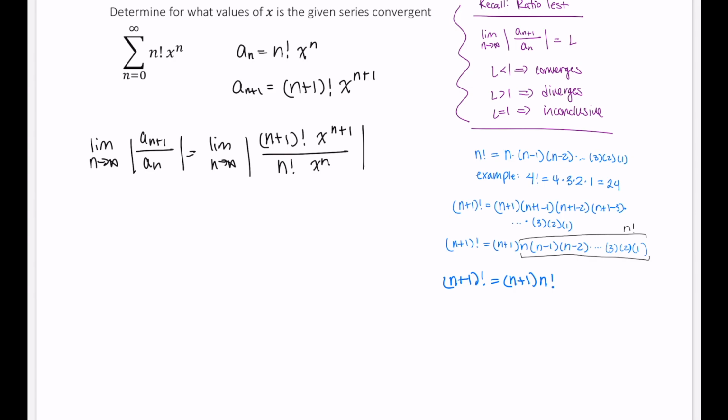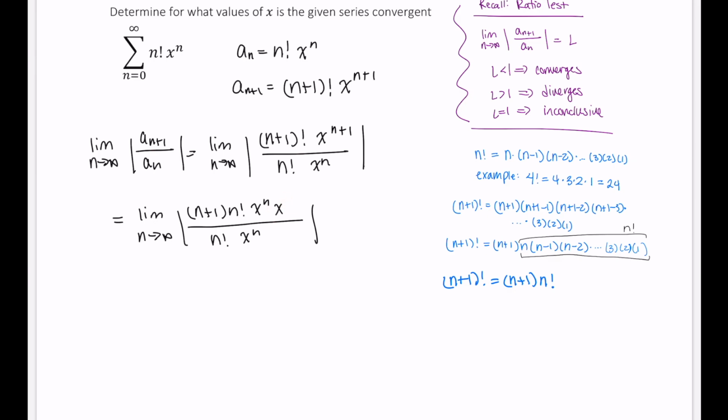Okay, so let's use that up here. So this is the limit as n approaches infinity of n plus 1 times n factorial times x to the n times x divided by n factorial times x to the n. And then I quickly just broke this up into the product of like bases, x's with their separate exponents, n and 1.